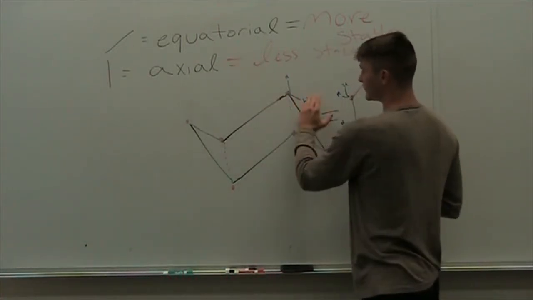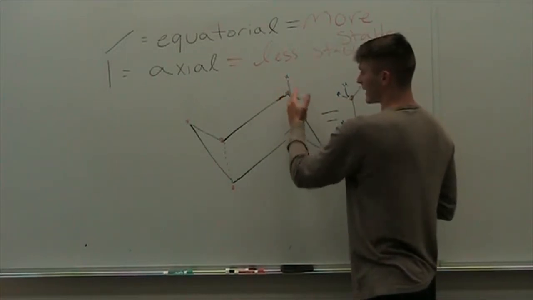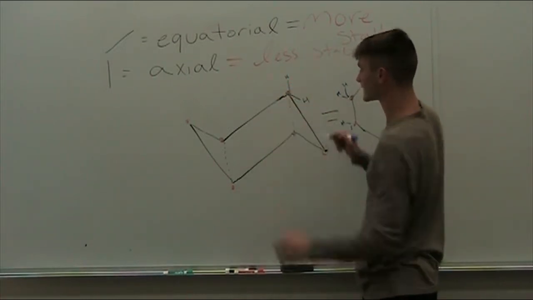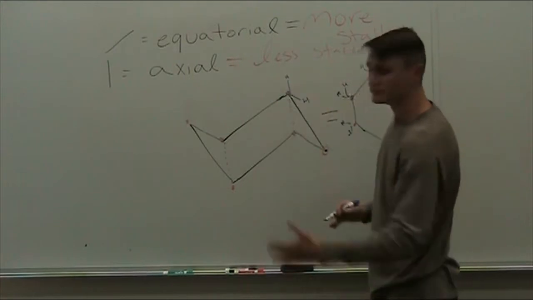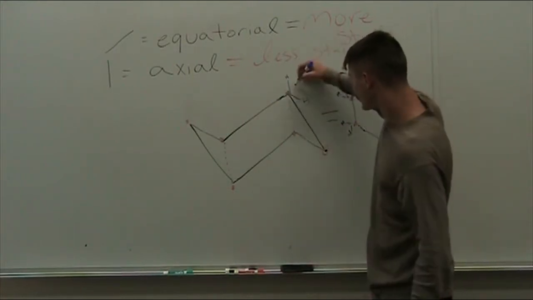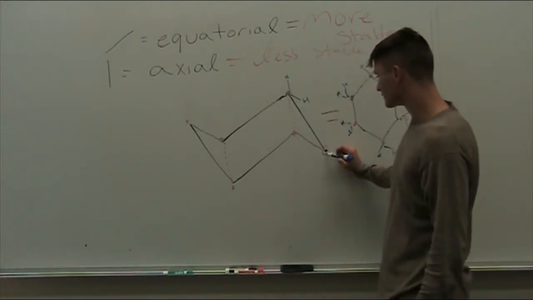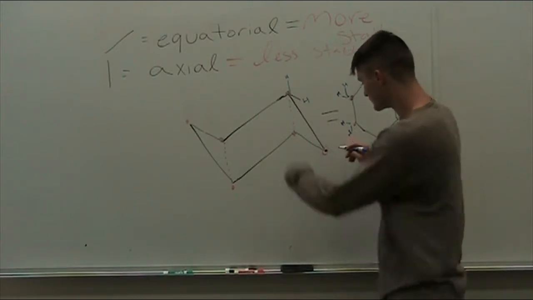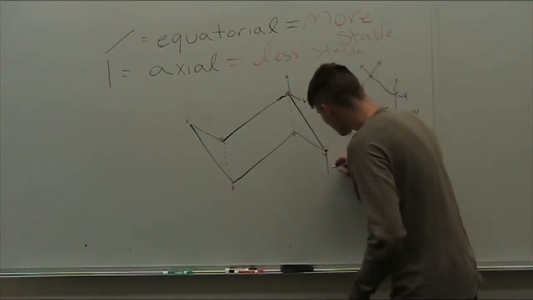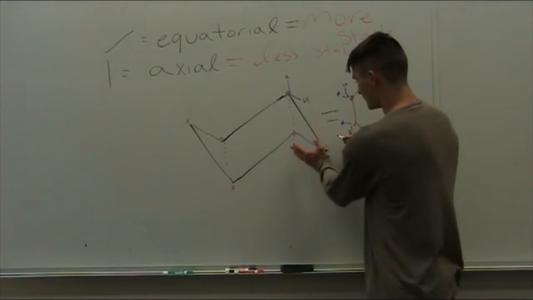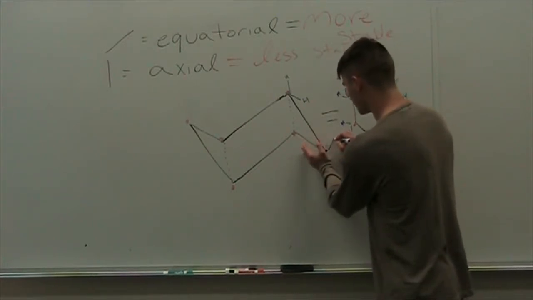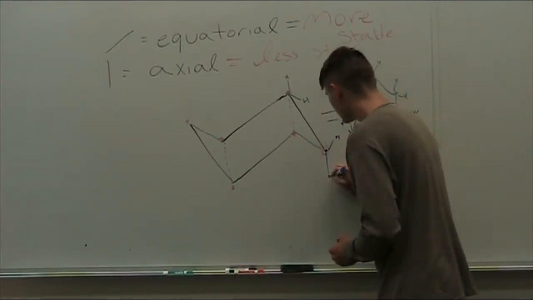The equatorial is a mirror image of it, and the axial is facing forward. If this one's facing forward, which way would this one be for the axial? Both of them are going downwards, so the axial will be down, and then the mirror image, 2 hydrogens.